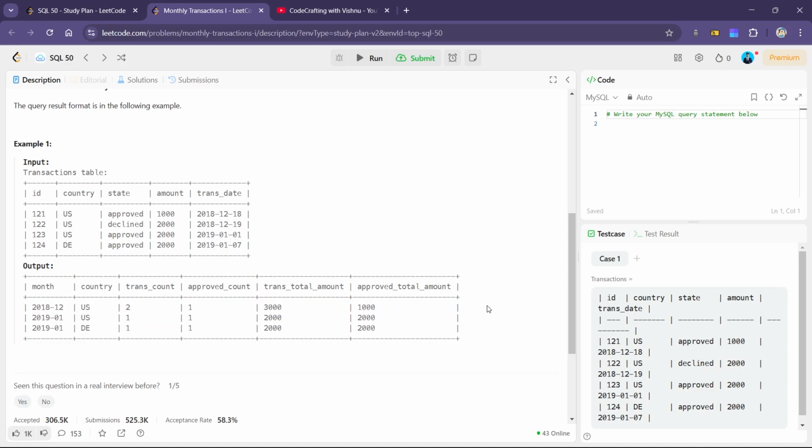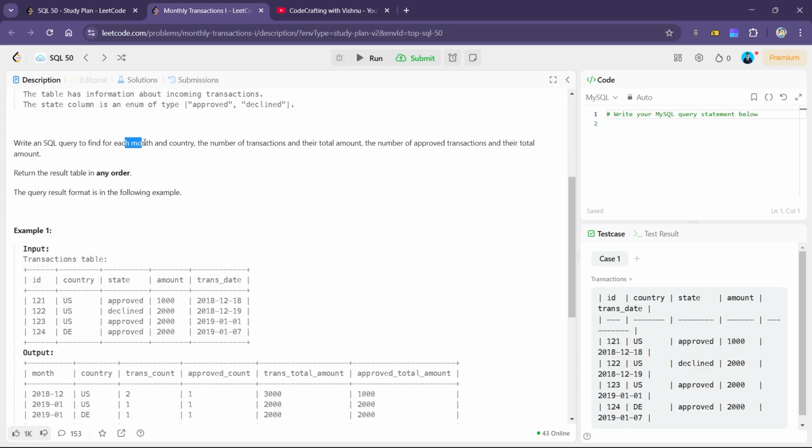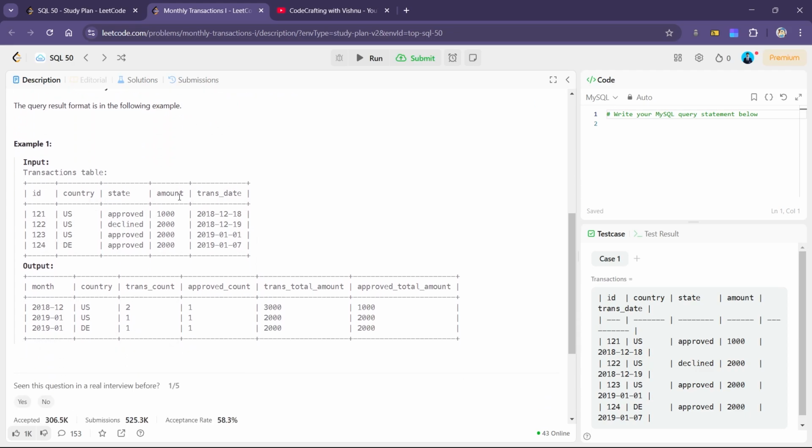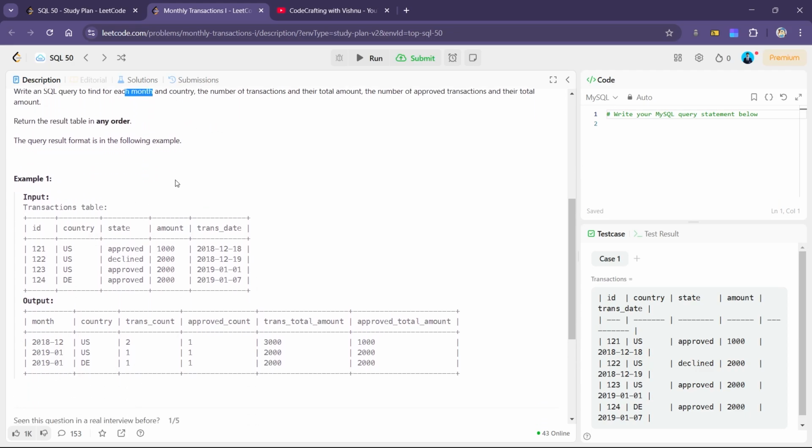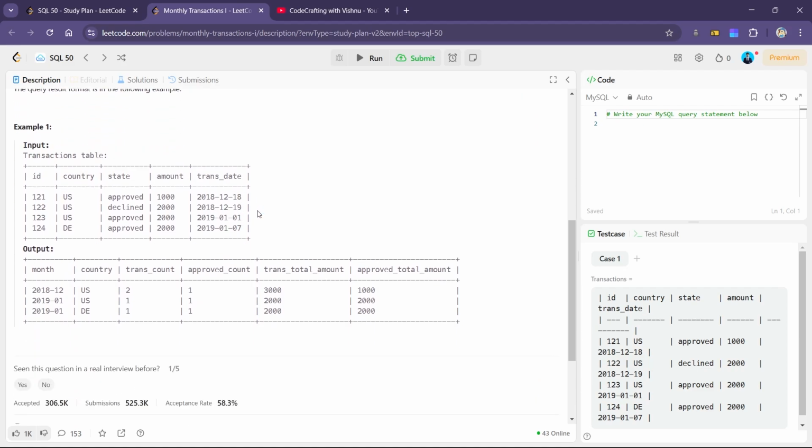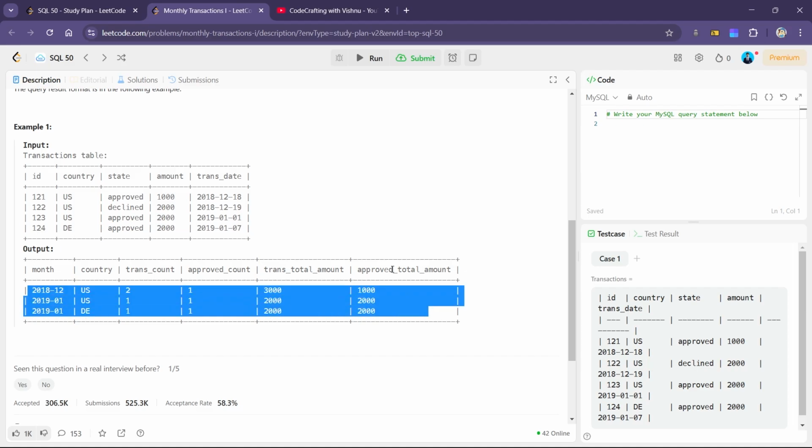Okay, so we have to divide this table first by month, and month is for each year, right? Month and then country. So if we start dividing this table, the first division will be this, the second division will be this, and the third division will be this. So in the resulting table, there will be three entries, which we have here.